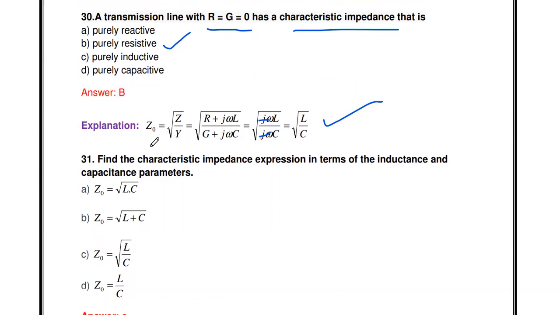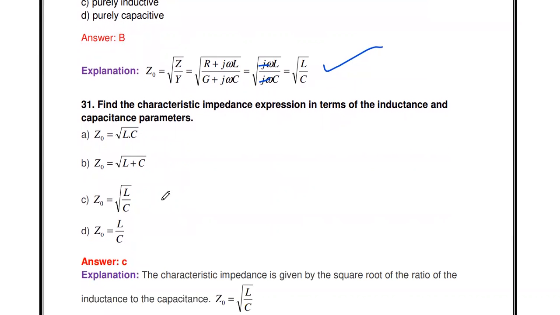In the previous one, we derived Z0 in terms of L and C. So the characteristic impedance in terms of inductance and capacitance is Z0 equal to the square root of L by C. This is correct if the resistance loss is 0, meaning for a lossless line, this is the formula for the characteristic impedance.